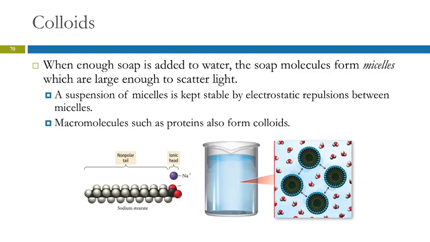If you add soap to water, soap molecules are larger than water molecules, and they form micelles. We talked about this a little bit before, but here's an illustration of the micelles. It's better than the one I drew.